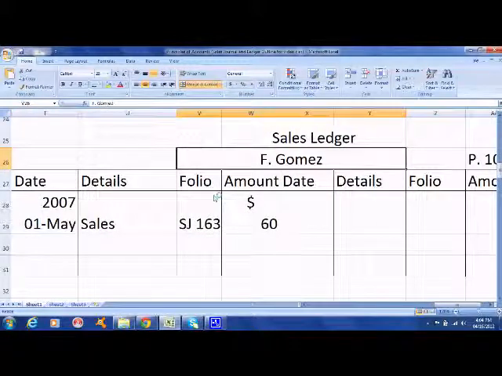When we were doing the purchase ledger, we would place the figures on the credit side. However, in this case, we will place them on the debit side, because F. Gomez and these persons are people we sold goods on credit to. They received some amount of goods, therefore you place it on the debit side.